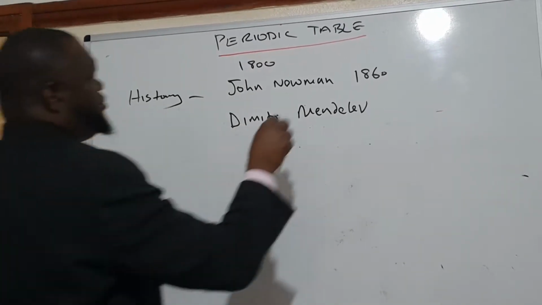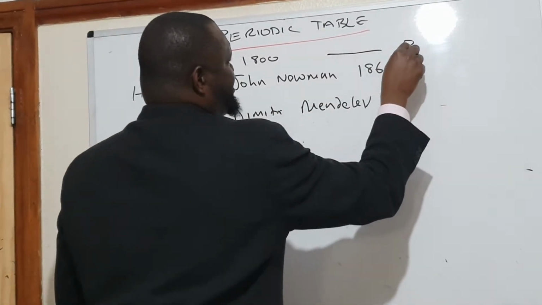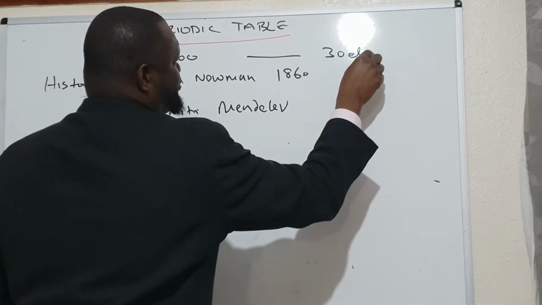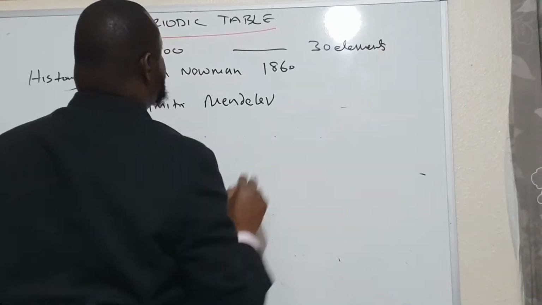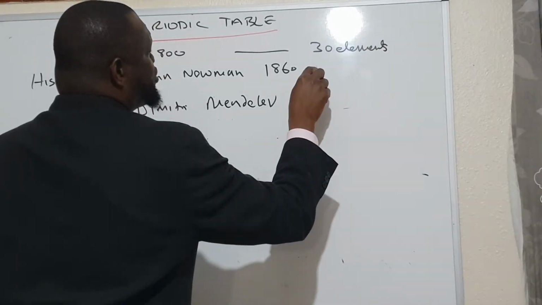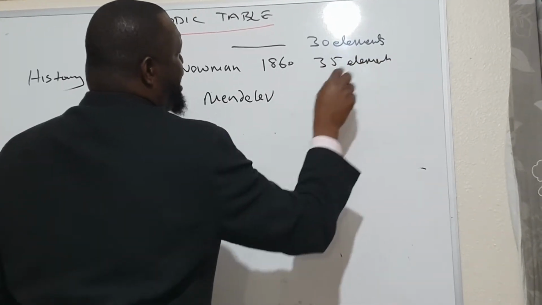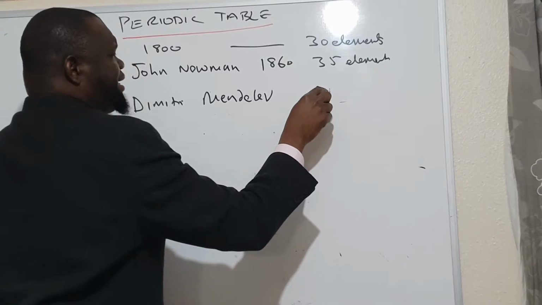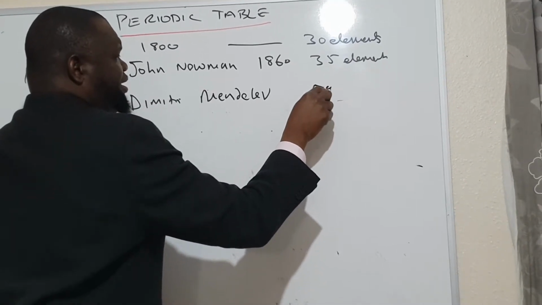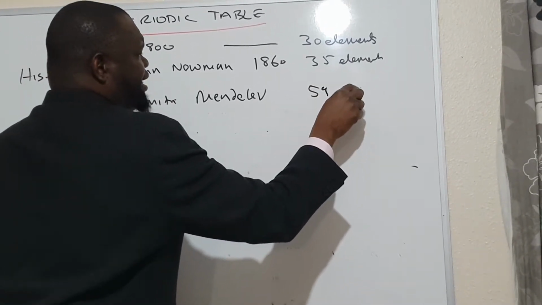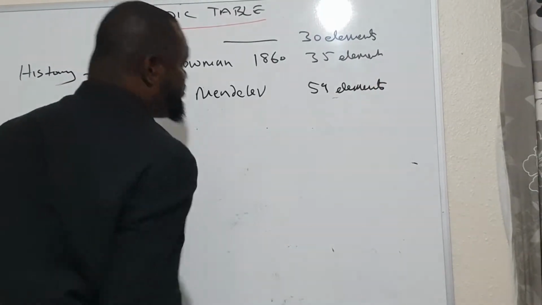By that time, basically only 30 elements were known. By this time, it had gone up to 35 elements. And by his time, up to 59, I think, 55 out of 59 elements. I'm not very sure about that, okay?